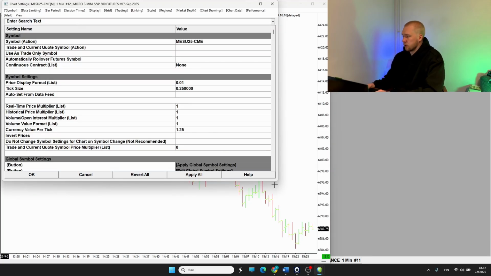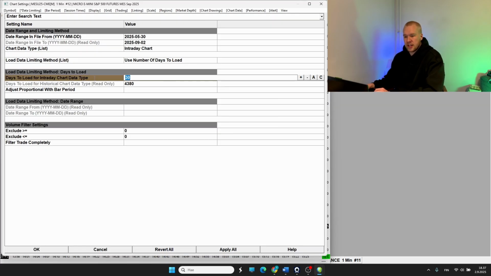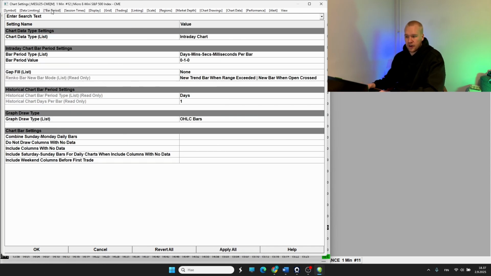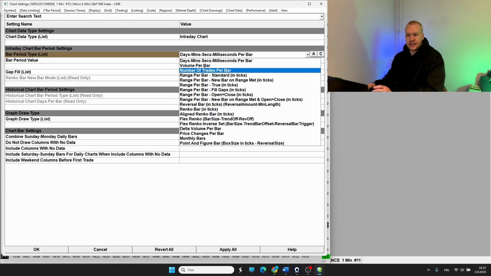Then next up we'll come to the chart settings here, and the first thing we'll change is how many days we want to load. You don't need any more than 10. You could probably do with 7 or even 5. Bar period, I'm going to make this a range chart. A volume chart also works very well.